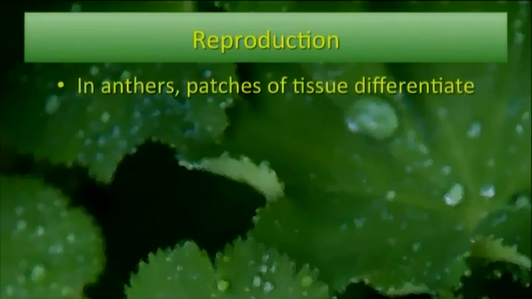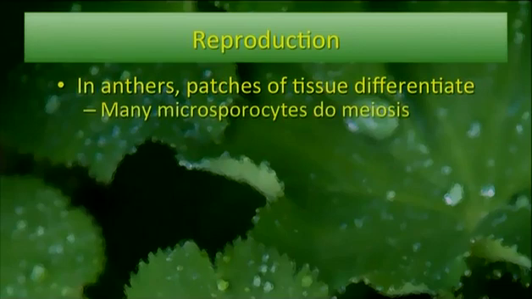Now meanwhile, while meiosis and mitosis have been going on with the megasporocyte, in the anther you have patches of tissue differentiating at the same time that the megagametophyte is developing, and many of these microsporocytes, micro, remember, means male, do meiosis.